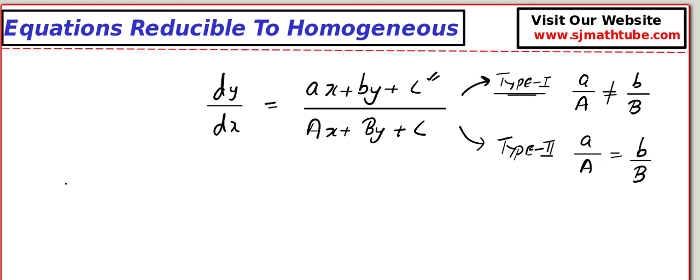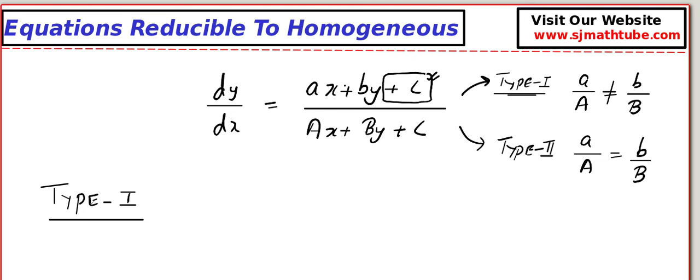Okay, so let's start with type 1. Now remember, both type 1 and type 2 are not homogeneous just because there is a constant here. Do you remember our video in which we learned how to solve homogeneous differential equation?